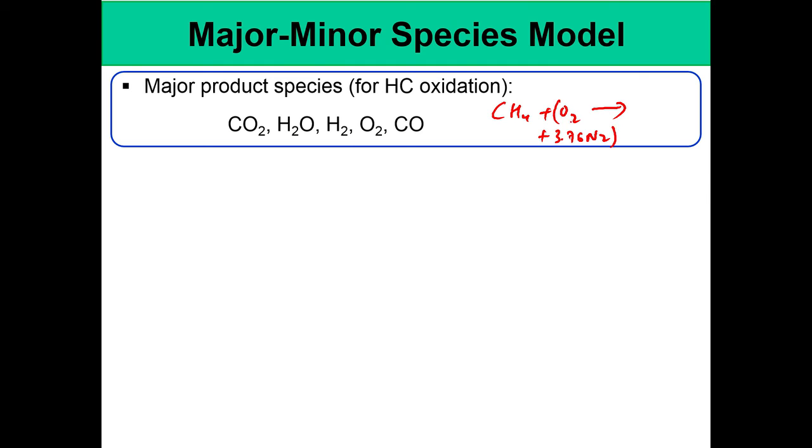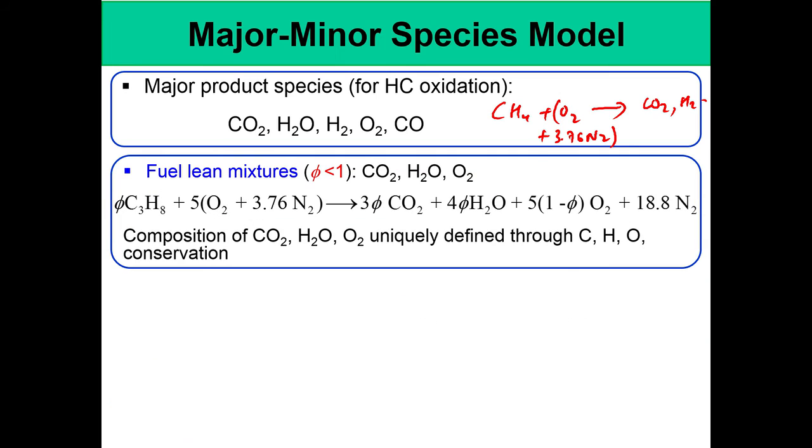So, the main products that you will get are CO2 and water, and if it is lean, then you can have some leftover oxygen, and if it is rich, you do not have any leftover fuels, but you have basically CO, carbon monoxide, and hydrogen, which are also some kind of fuels essentially. So, you can use this to find out the equilibrium composition.